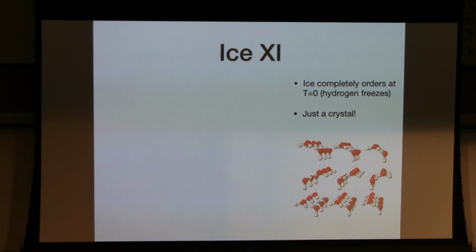That's called ice 11, which, by the way, was only discovered in the 70s, because it's really hard to get water to actually freeze into that state. The other one is very metastable. But anyway, ice completely orders below 70 Kelvin, and once it's done this, all that entropy is gone, so it freezes out.